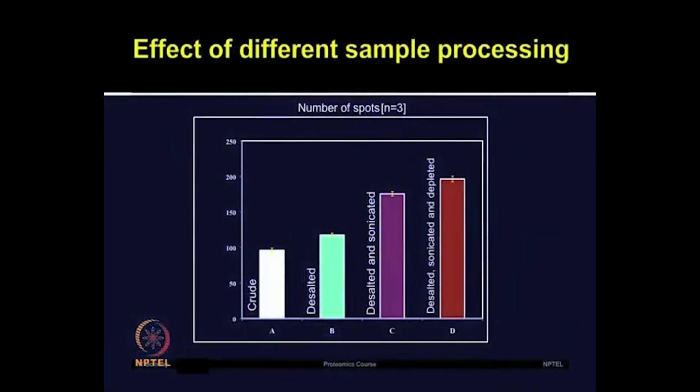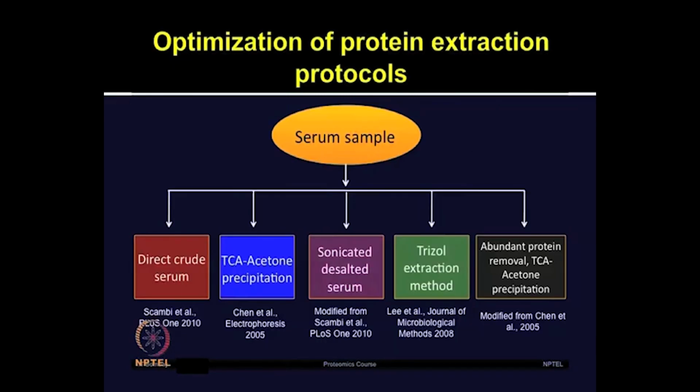These studies were performed on the small strips to standardize the procedure, but we are able to draw the conclusion based on the reproducible pattern obtained in these gels, and then we applied the desalted, sonicated and depleted conditions for processing all the samples.